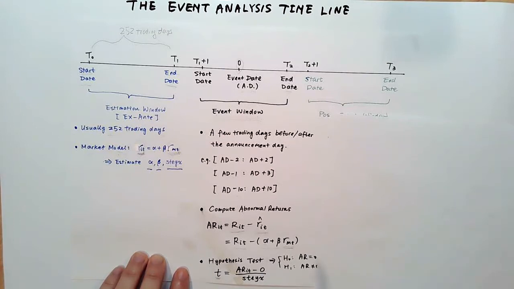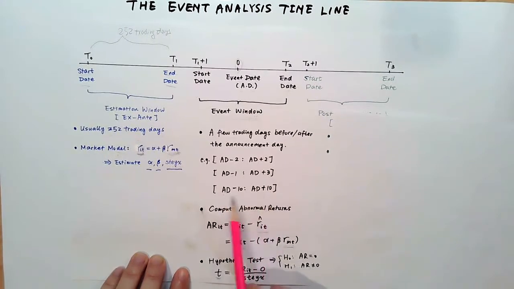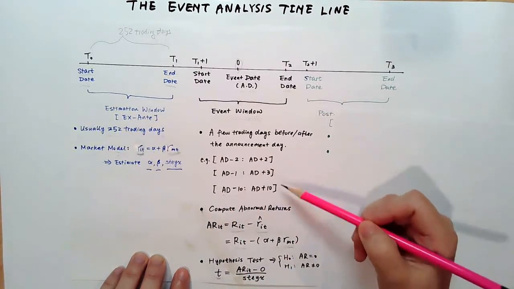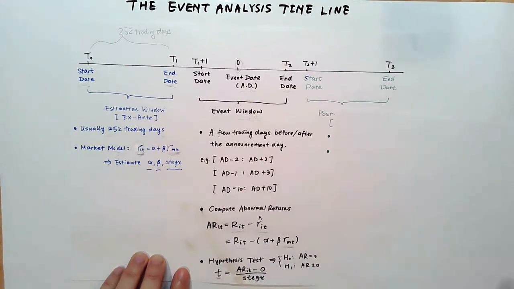So for an earnings release, the event window needs to be much longer. We usually start 10 days prior to the announcement and end 10 days after, because there's a huge amount of leakage prior to the announcement of the earnings. So the event window is really based on your personal judgment call on how early the information from this event is going to leak out.